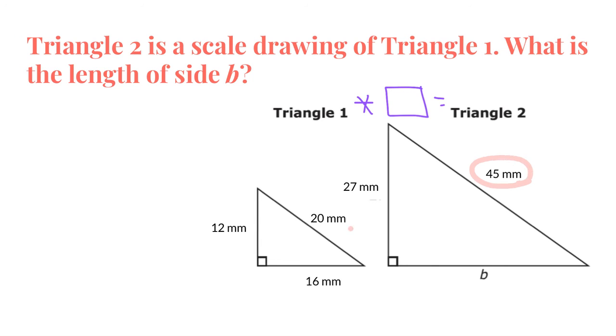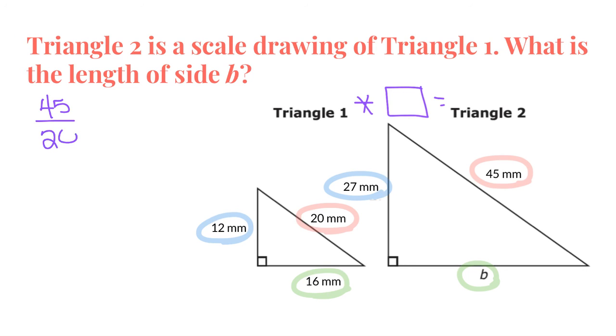The 45 matches to 20, 27 matches to 12, and the B matches to the 16. You're wanting to find out what that number is that relates all of them. It's kind of like the constant of proportionality. You're trying to figure out the relationship between your numbers.